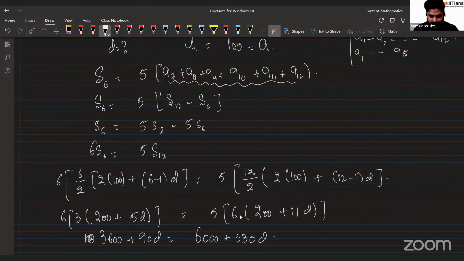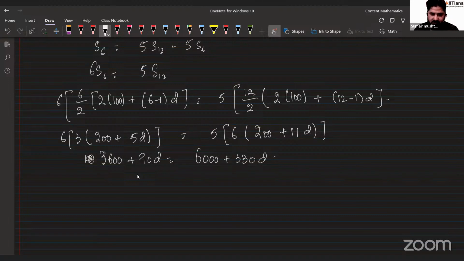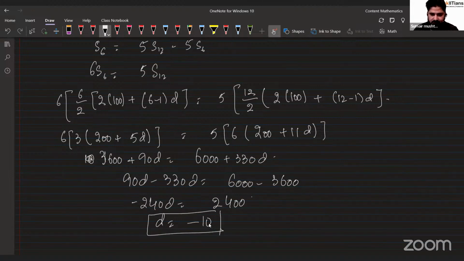Take d on one side and the constants on the other side. So I get 90d minus 330d is equal to 6000 minus 3600. This is negative 240d is equal to 2400. So d is equal to negative 10. This is your answer. Simple.